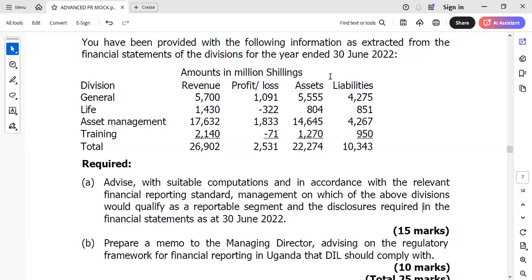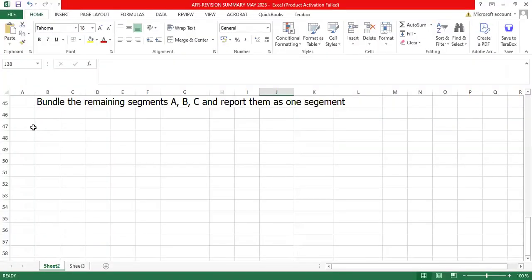For disclosures, you can write what you know.